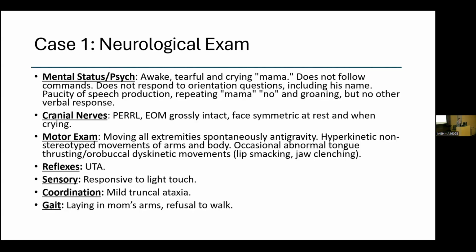We also noticed the occasional abnormal tongue thrusting that Mom was describing, what we would describe as oral buccal dyskinetic movements, so some lip smacking and jaw clenching, very atypical. He also had some mild truncal ataxia when trying to sit up. To us, this was a pretty concerning exam. He was having altered mental status with encephalopathy, as well as a new movement disorder in the setting of acute behavioral regressions.